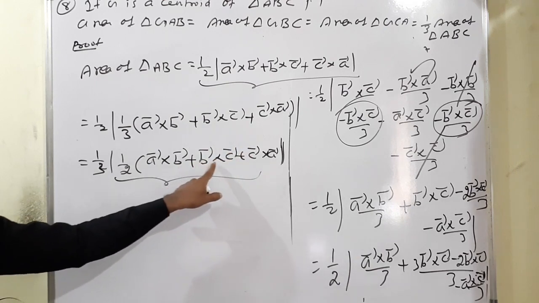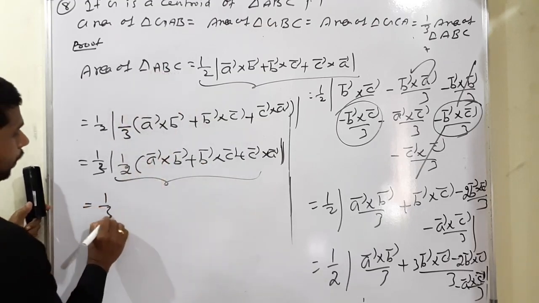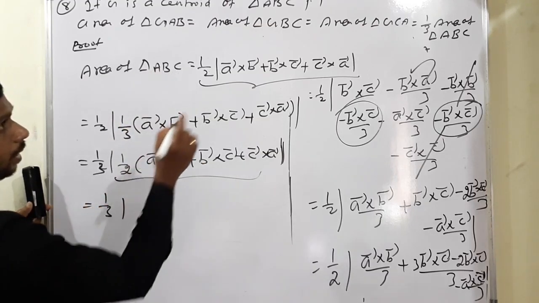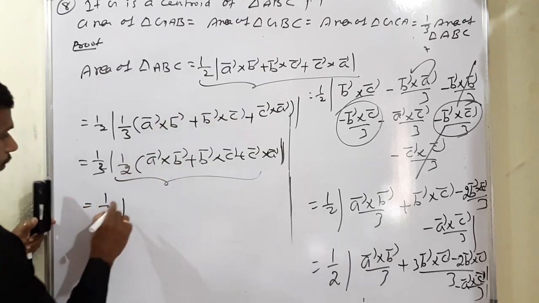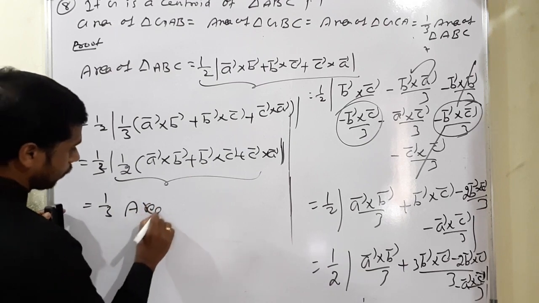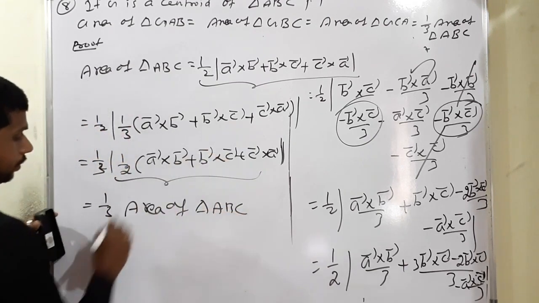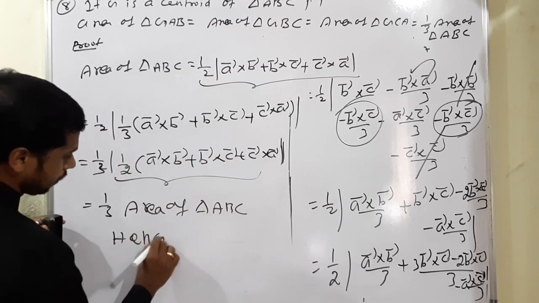So this is what is the value? Area of triangle ABC. Therefore we can write it 1 by 3 into, this is what is the meaning? Area of triangle ABC, isn't it? So area of triangle ABC. So we can write it hence.